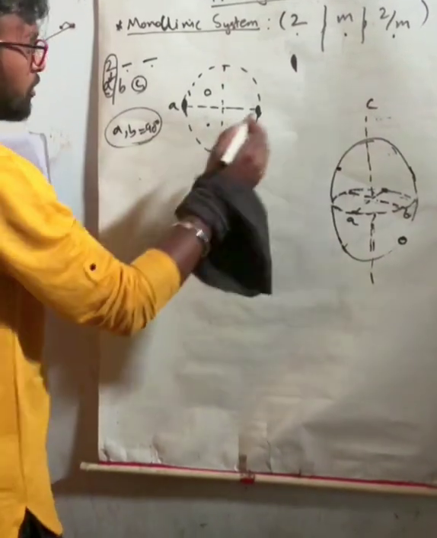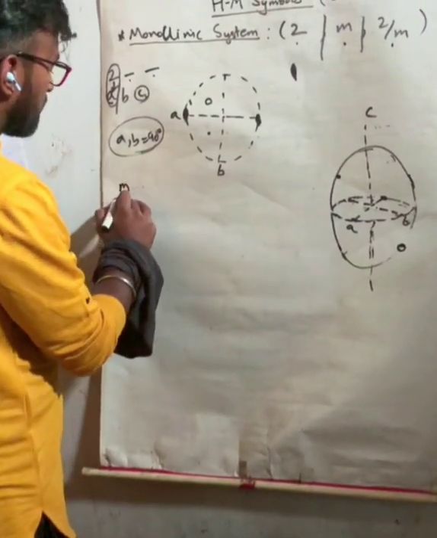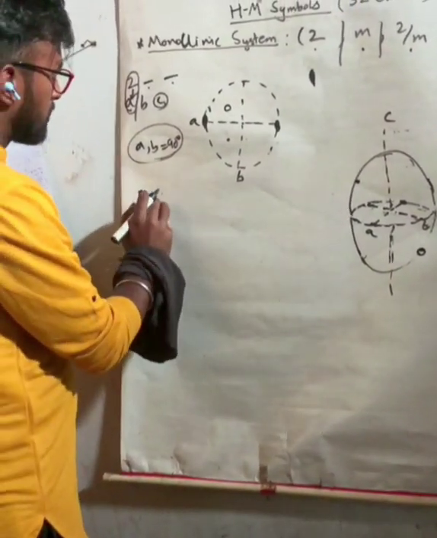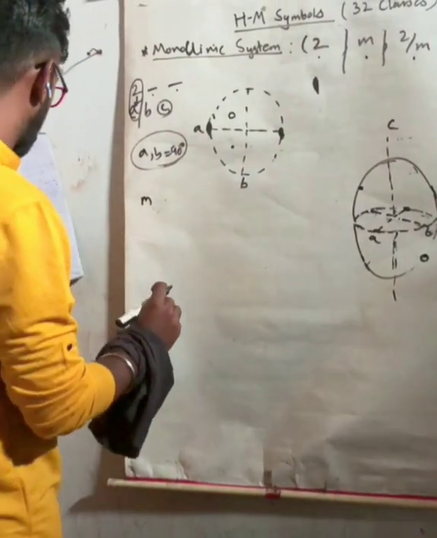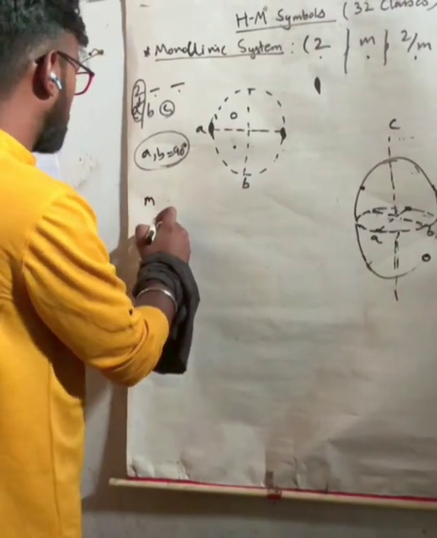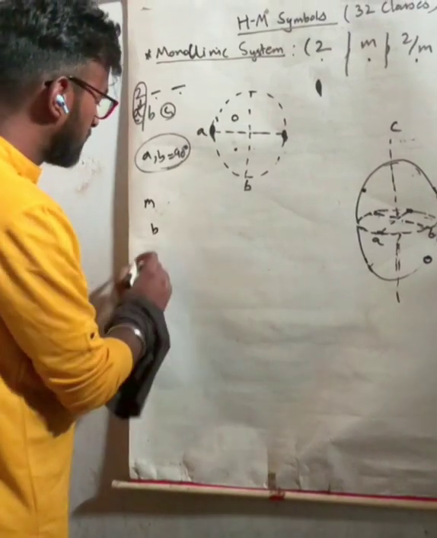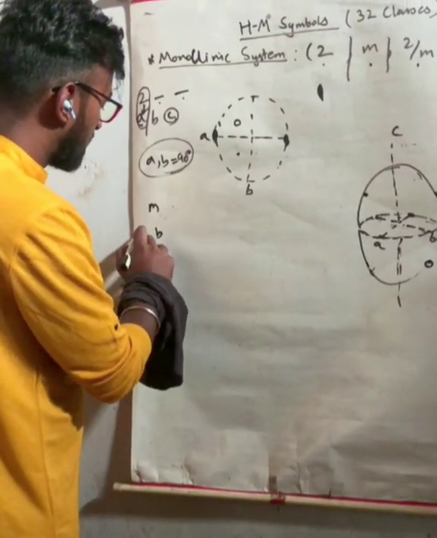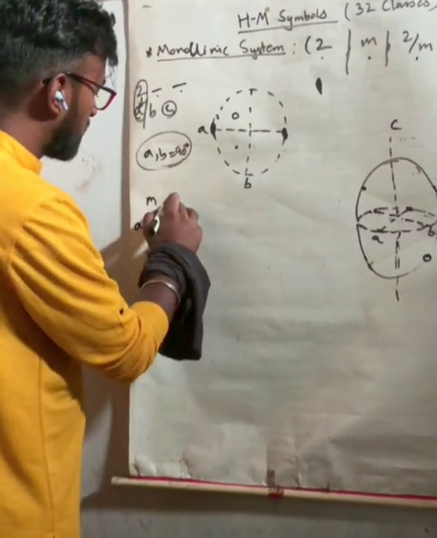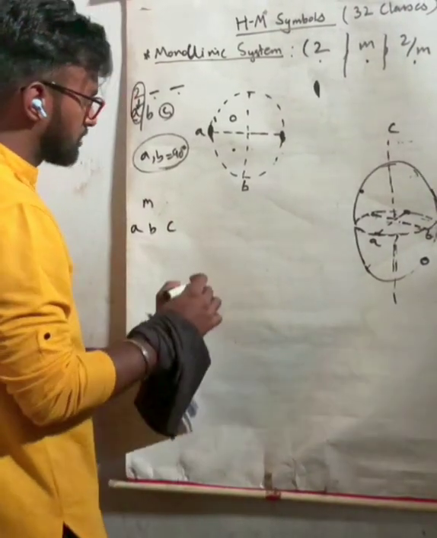Now moving on to m. m means we have a mirror plane. For our convenience, we will take m as the B axis. A and C are not given here, so we don't need to consider them.